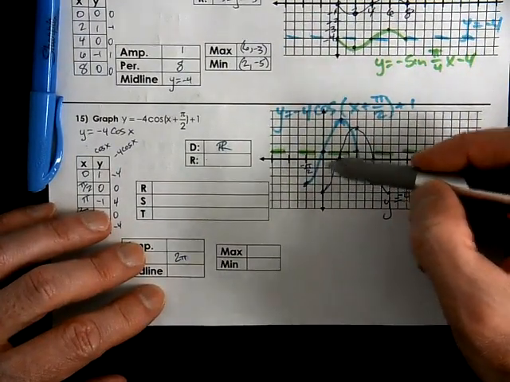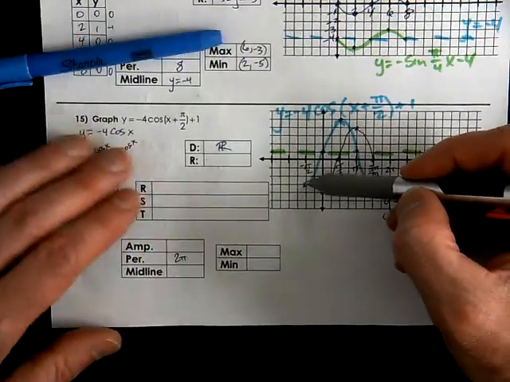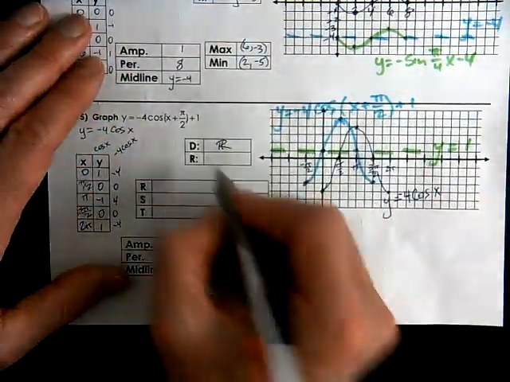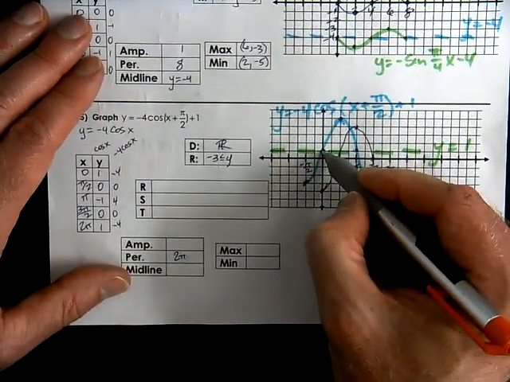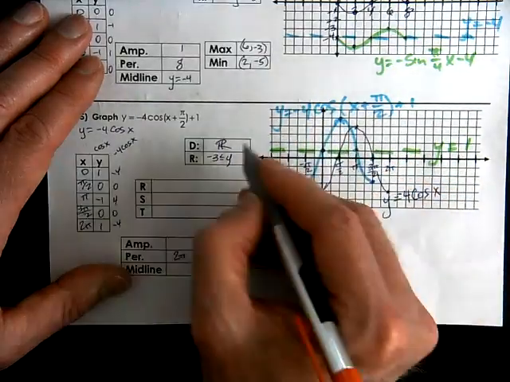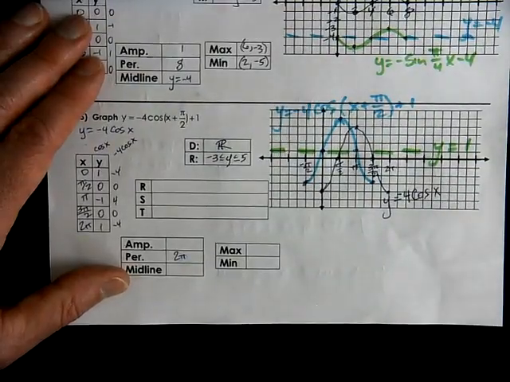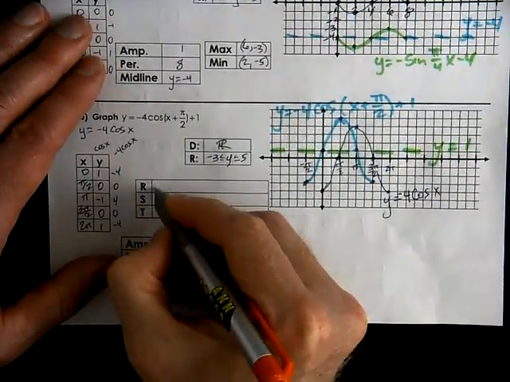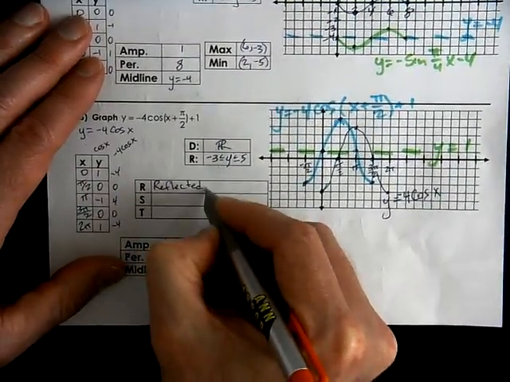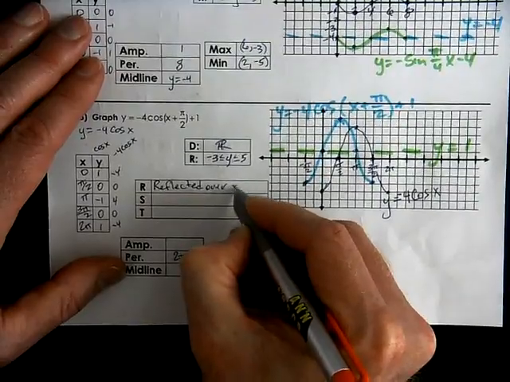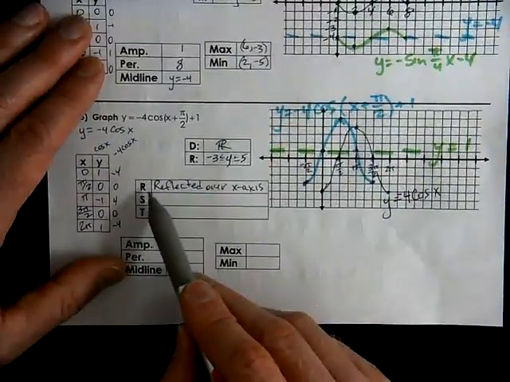So we're at 1, 2, 3. This is 3 lines down. So we're starting at negative 3, and we're going all the way up to 1, 2, 3, 4, 5. A reflection. Reflected over the x-axis. This does have a negative in front, so it has a reflection.